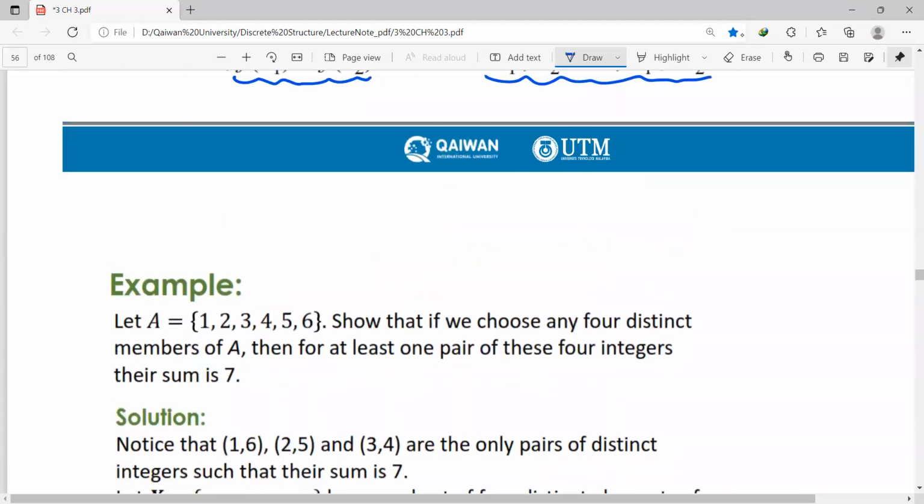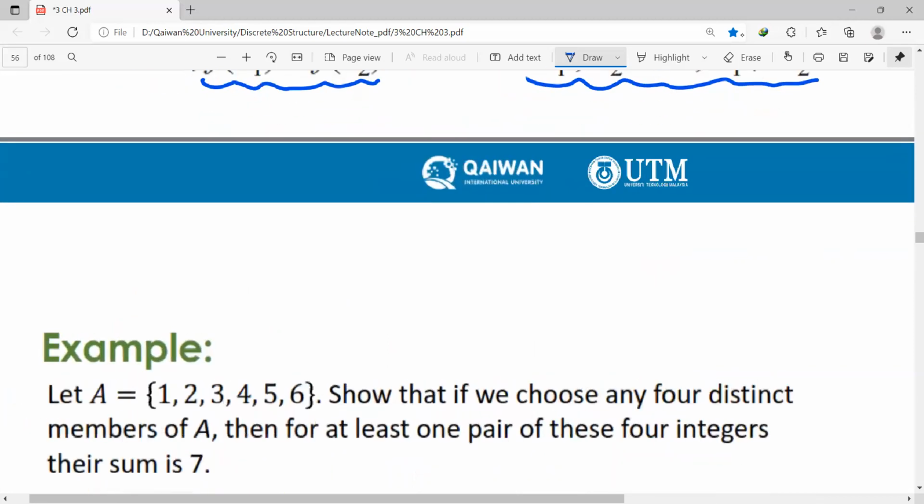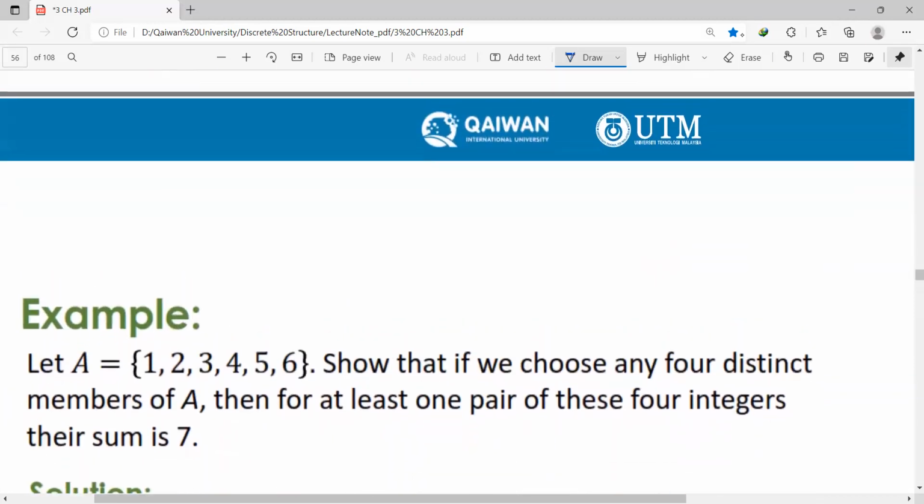Here we have an example. In the example, we are given a set A. It says, show that if we choose any 4 distinct members of A, then for at least 1 pair of these 4 integers, their sum is 7.